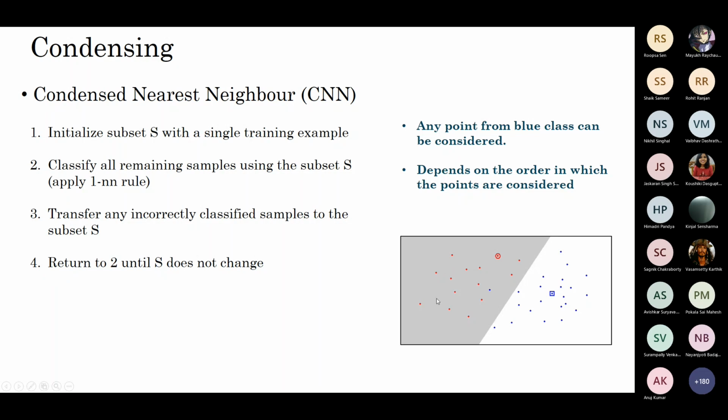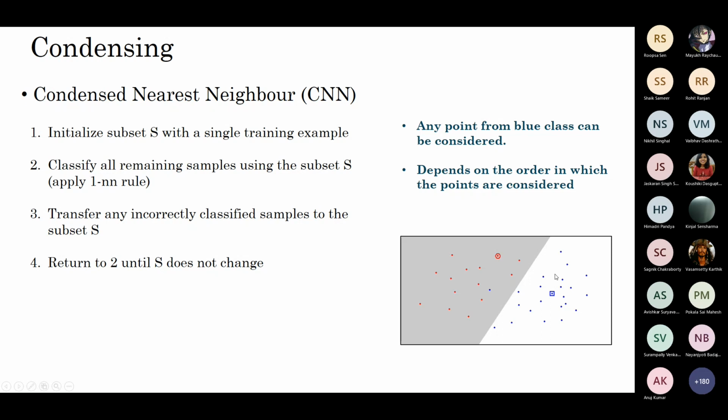Now I have to consider all other points, and any point which is misclassified will be included. Remember that because there is only one point in set S, there is only one red point here. So all the red points will be classified correctly, because there is only one point in it. Now all the blue points will be classified wrongly.